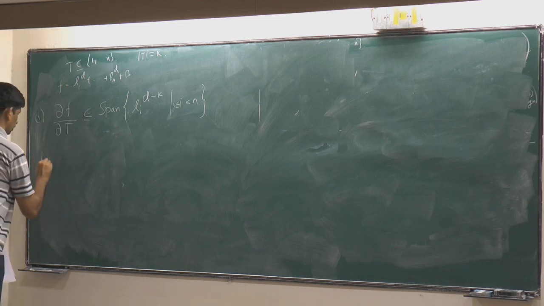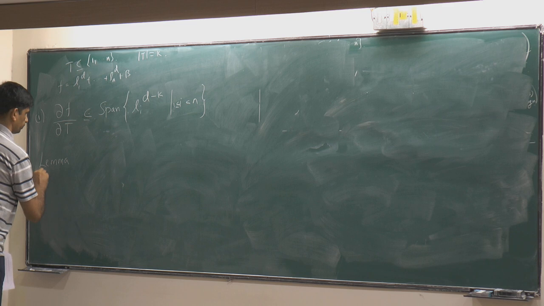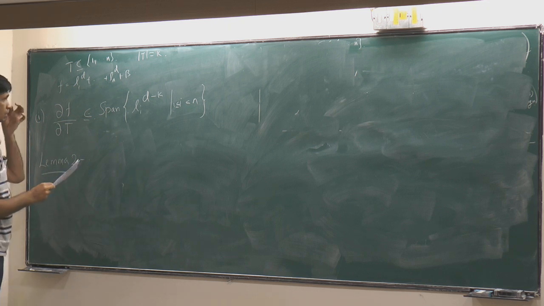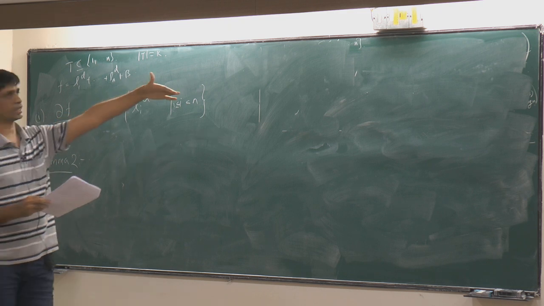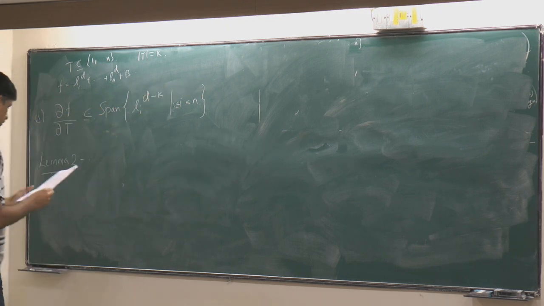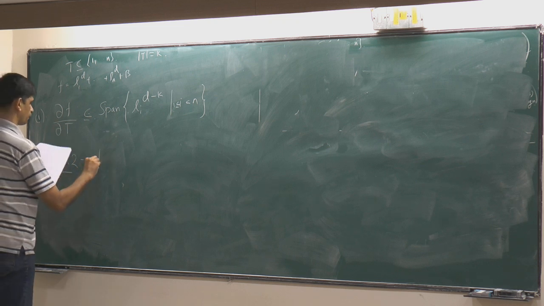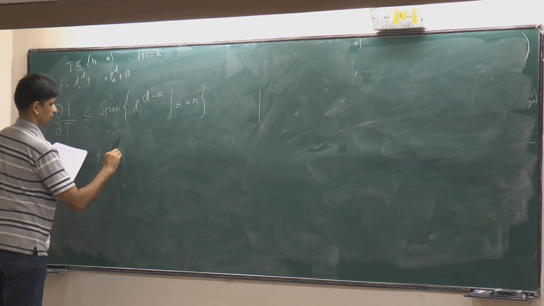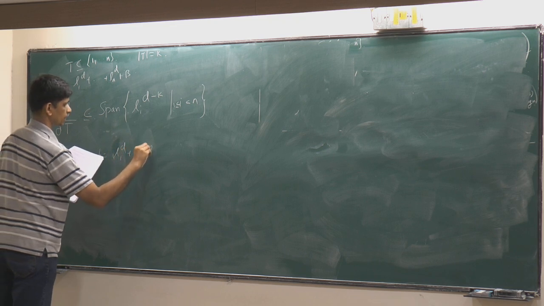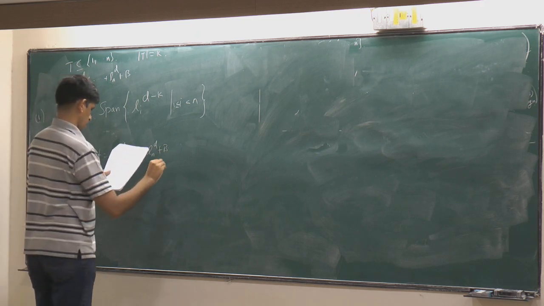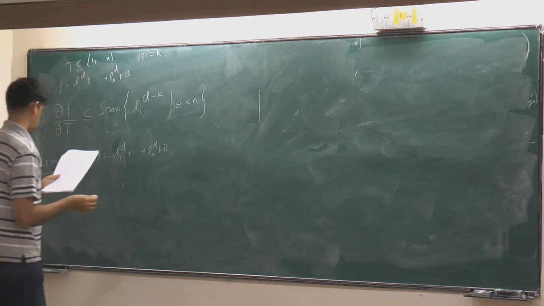So now I'll write another lemma which in fact gives a basis for the projected multilinear derivative space of the powers of a power symmetric polynomial. Let's say f is L1 to the d plus etc. plus Ln to the d plus beta, where the Li are homogeneous linear forms.